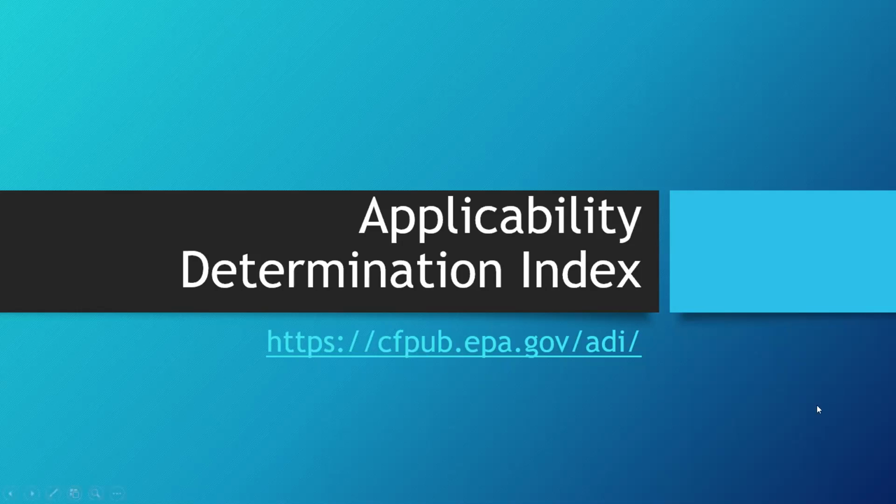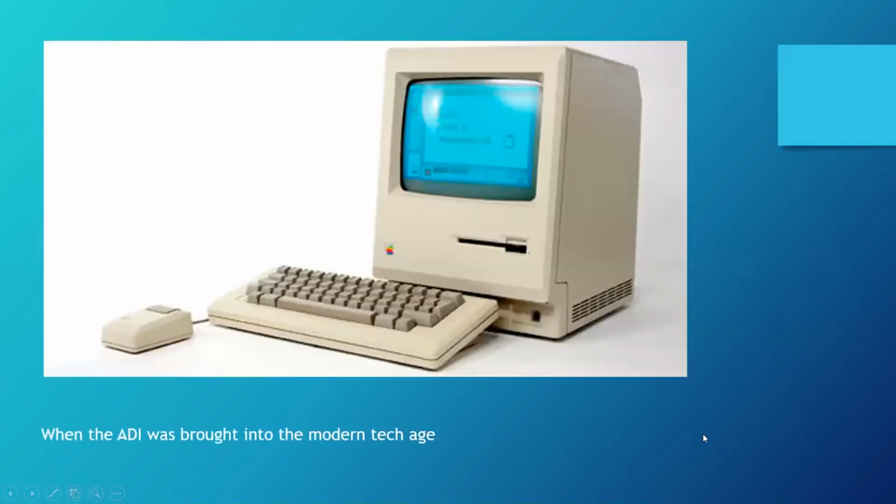So this was, and I put the link here, and we'll see how I do with switching screens. But to let you know, when it was created, this was the computer system when it was brought into the modern tech age.